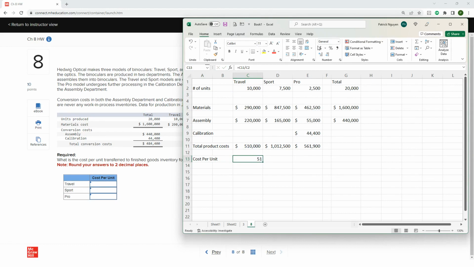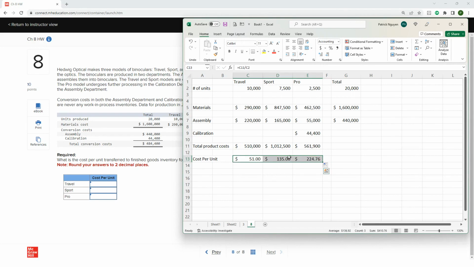So that gives us $51 per unit for the travel model, $135 for sport, and $224.76 for the pro model. So we'll just plug in these numbers into MH Connect, and that's our answer.